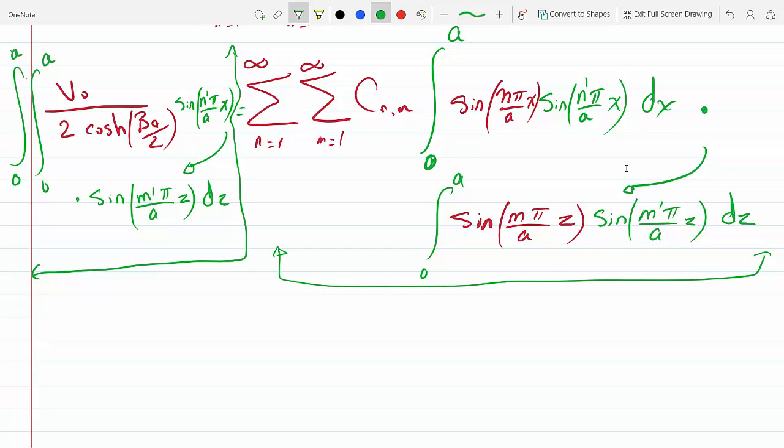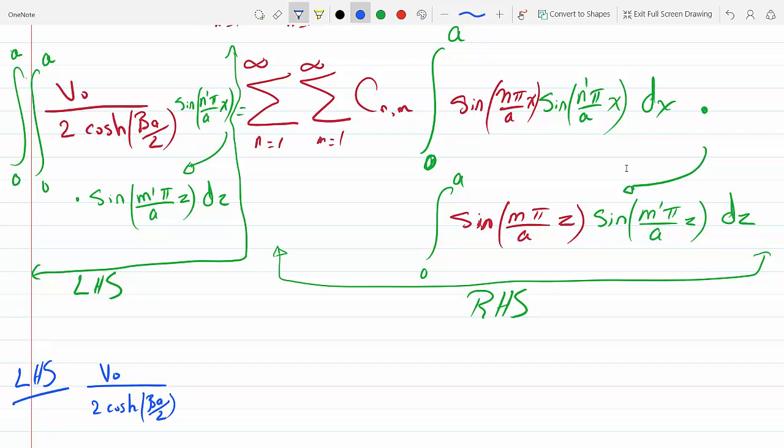Okay, let's integrate. Let's call this the left hand side and this the right hand side, and we'll do them separately. If we take the left hand side, what's this double integral? This is v0 over 2 cosine hyperbolic beta a over 2. Remember, the objective is to find c and m.